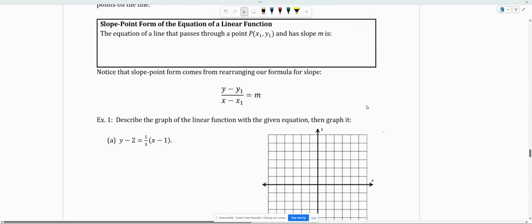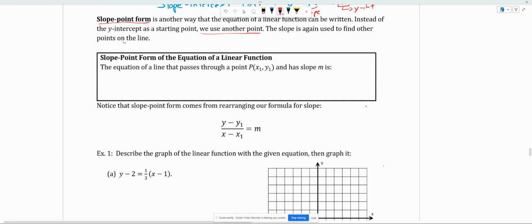What this looks like is, if we have an equation of a line that passes through the point, we'll call it P, x1, y1, and has a slope m, the formula looks something like this. y subtract y1, whatever the y1 value is, is equal to m multiplied by, in brackets, x subtract the x1 value from the point P. A couple key things I want to point out.